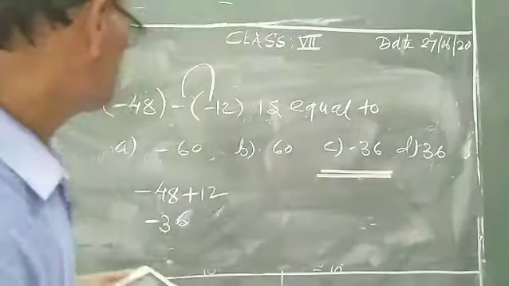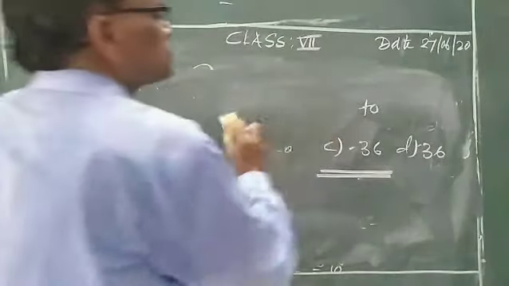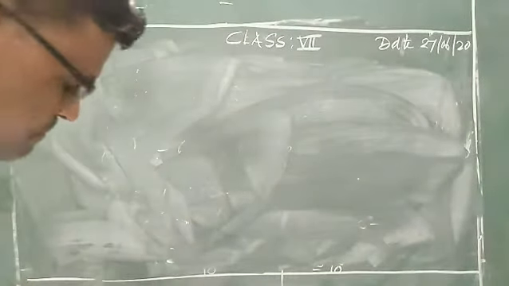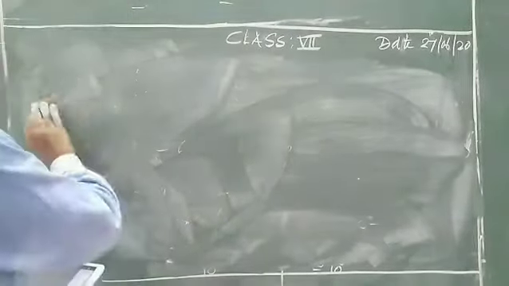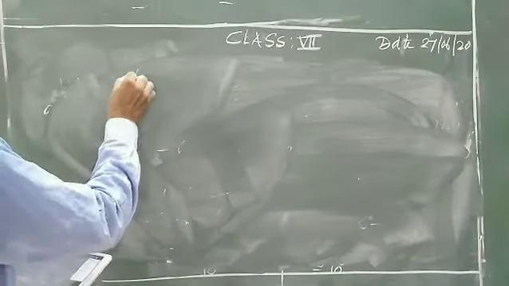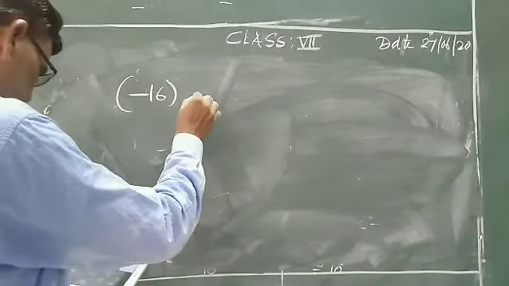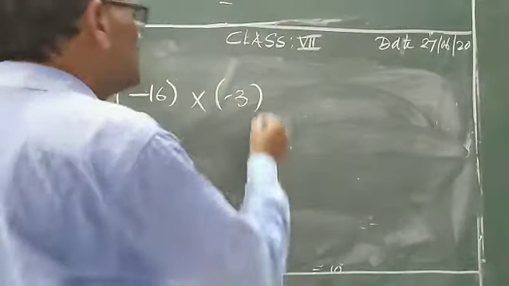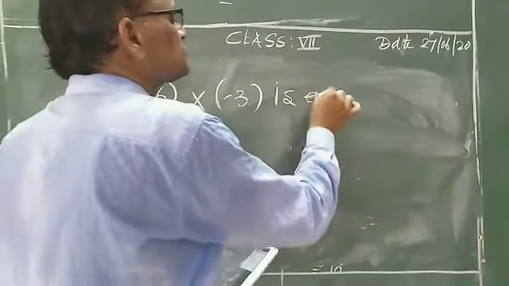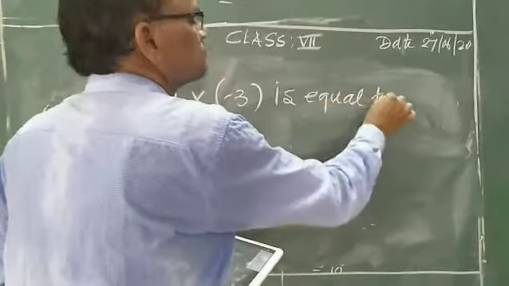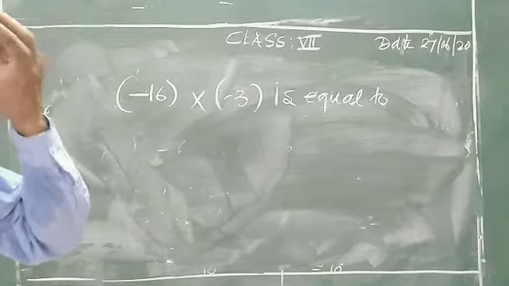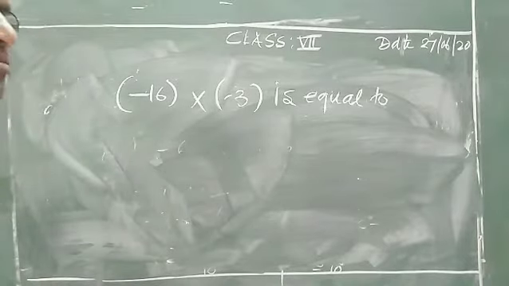Another problem. Here see, negative 16 into negative 3 is equal to? The product of two negative numbers is always positive.